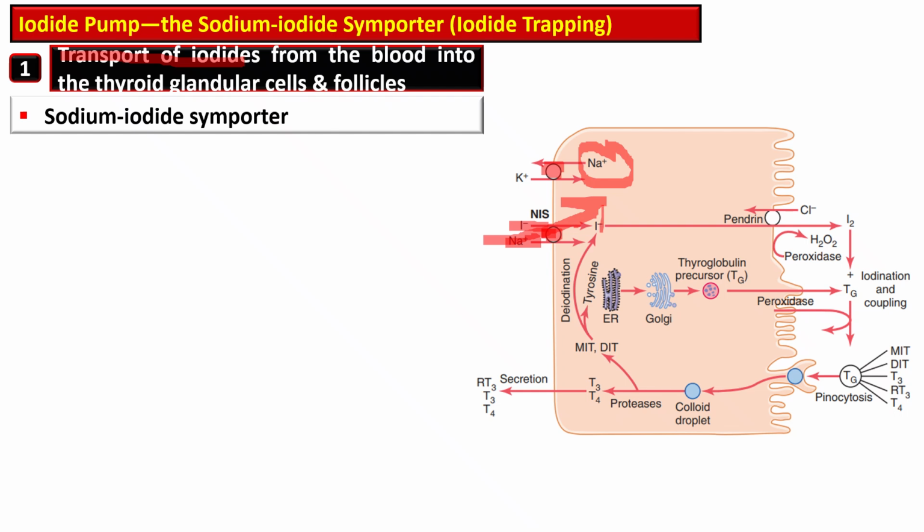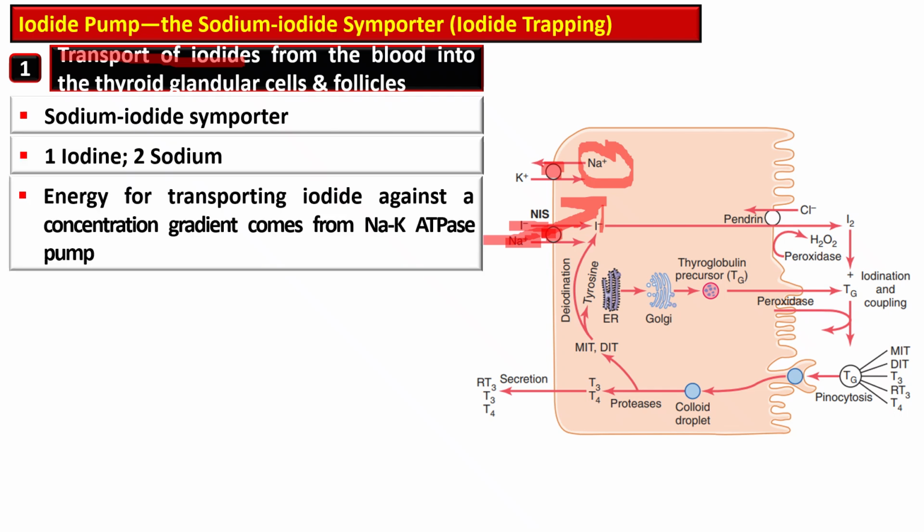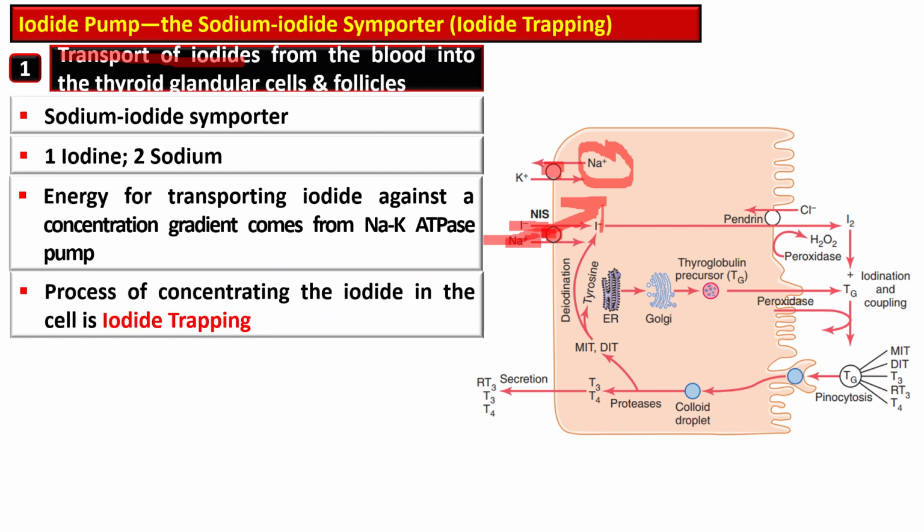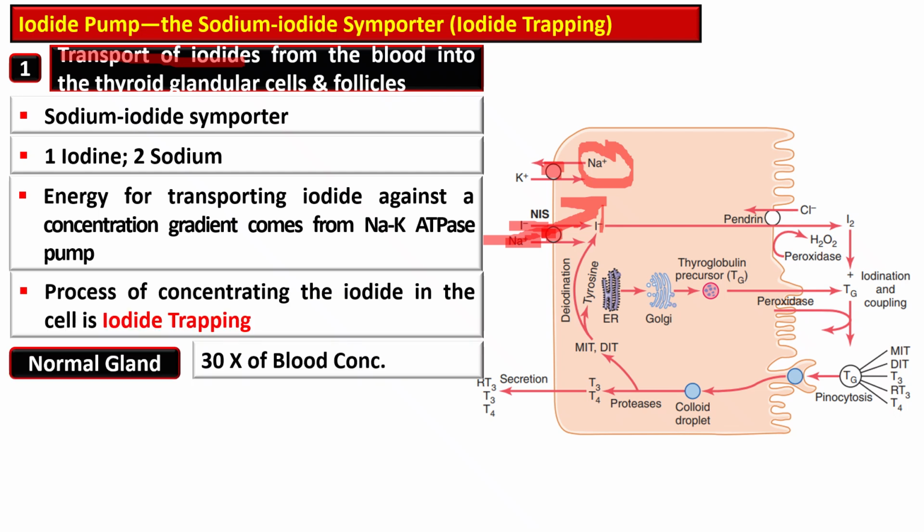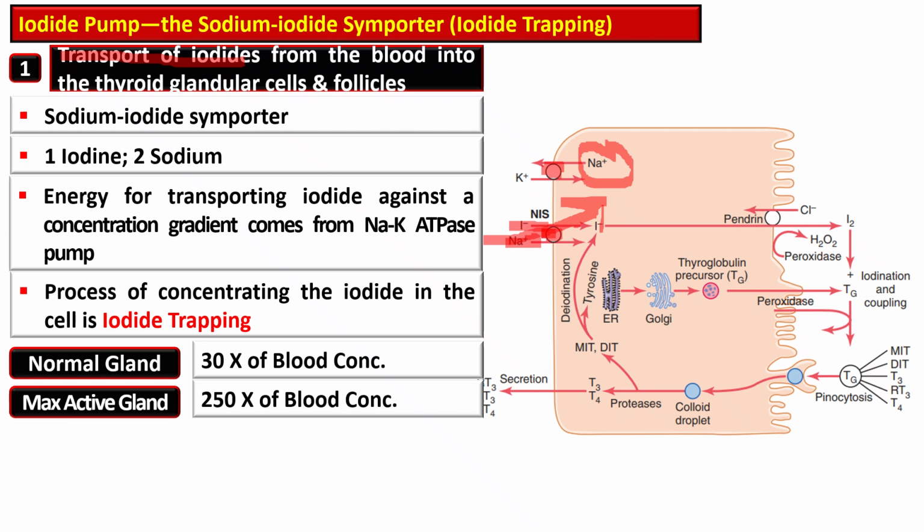Iodide is concentrated in the thyroid cell to about 30 times the blood concentration in normal conditions, and during high activity this may increase up to 250 times.